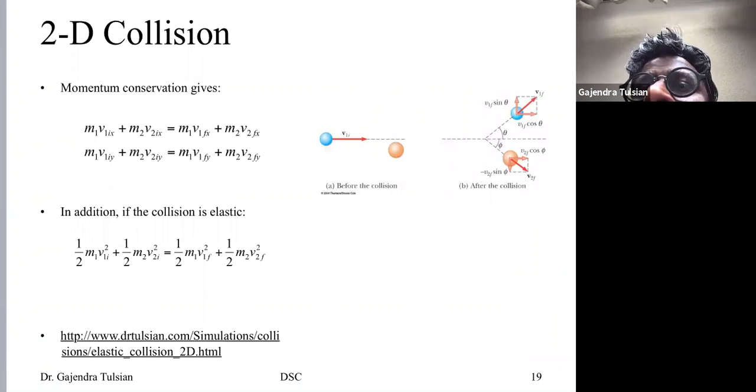Now we'll consider a slightly more complicated situation, a 2D collision. Objects are now allowed to move in two dimensions. So this could be you playing pool. Here's the cue ball and there's the object ball. They collide and move away like that. Again, momentum before the collision should equal momentum after the collision. But since we're considering two dimensions, you'll have to look at components.